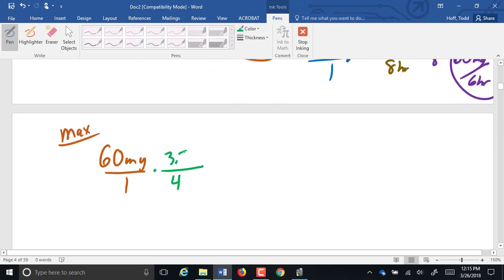So this is 3.5 milligrams over 4 milligrams. Note, again, we put the smaller one on top because we're going to change this into a smaller number. This was the maximum. We want to find the minimum. So now our 60 times 3.5 is 210 milligrams over 4 milligrams.